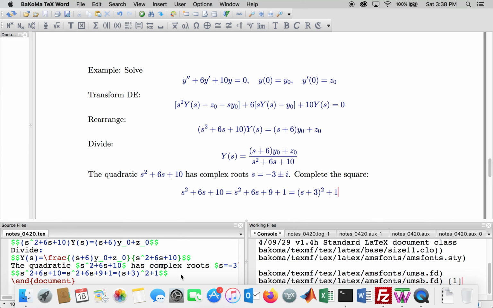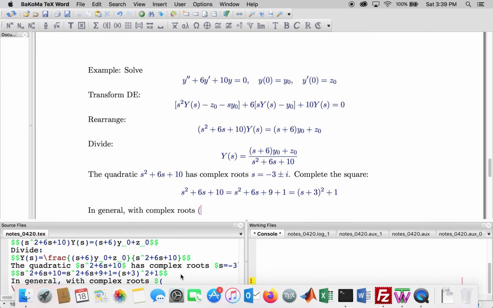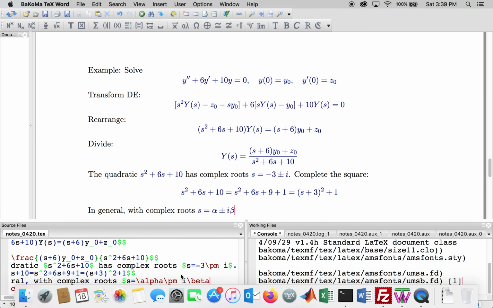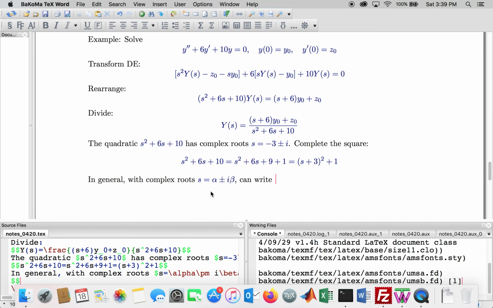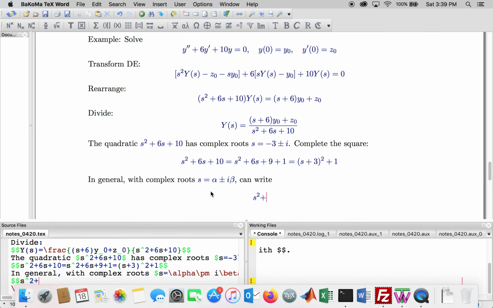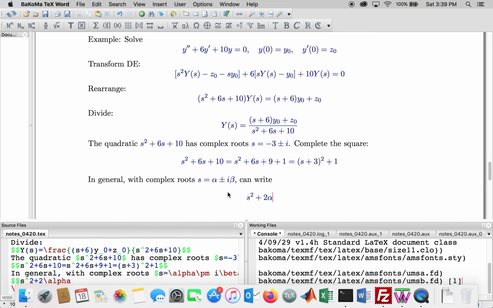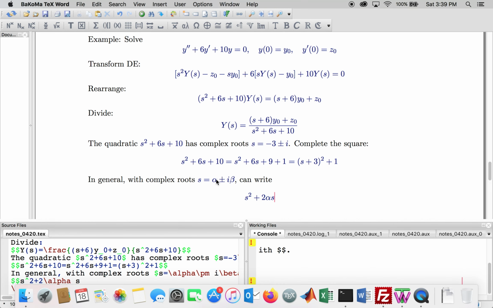So in general, for complex roots s equals alpha plus or minus i beta, what you can do is write that s squared plus, okay, the sum of the roots is going to be 2 alpha, so really that's minus there.